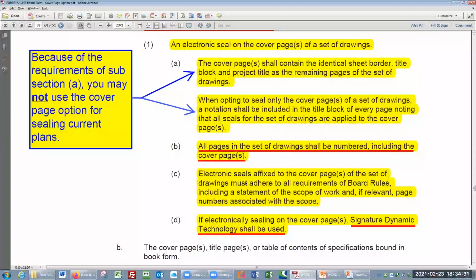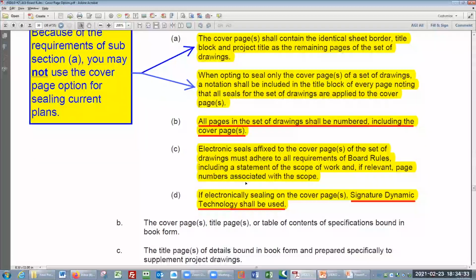So it's important to realize the numbering has to be done with acknowledging that the cover pages are the beginning page numbers. Electronic seals affixed to the cover pages of the set of drawings must adhere to all requirements of the board rules, including a statement of the scope of work, if relevant, page numbers associated with scope.